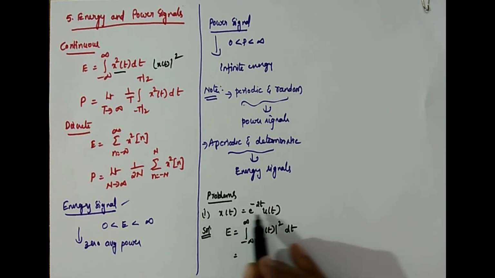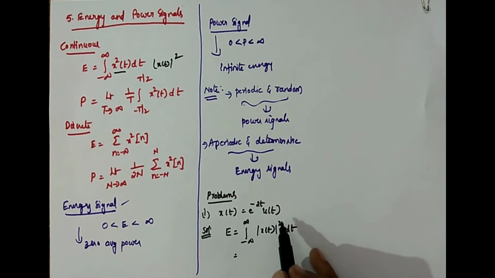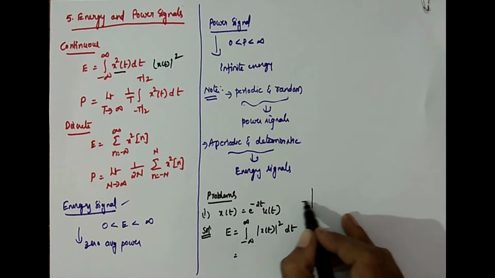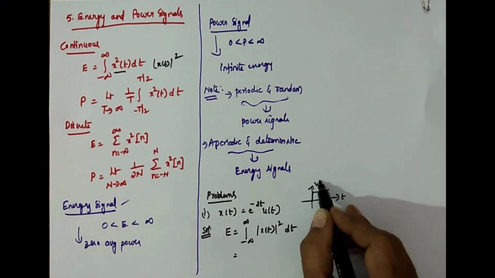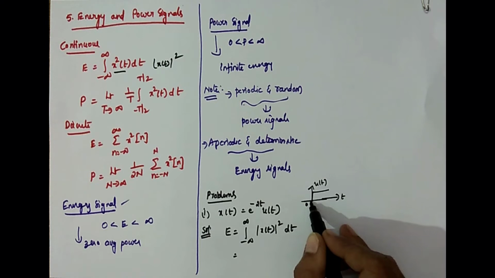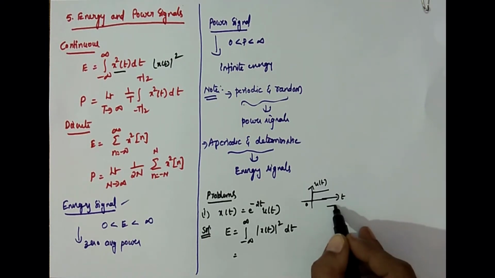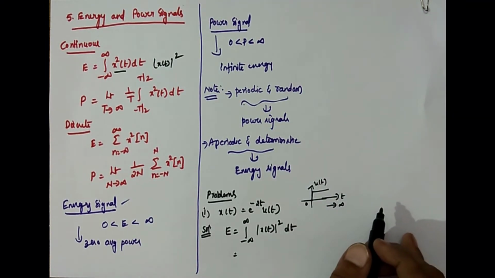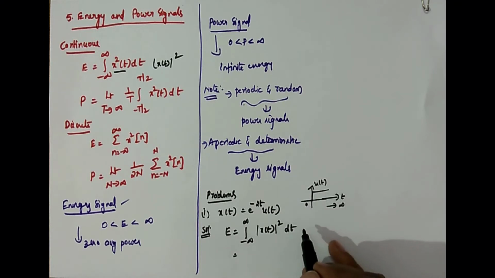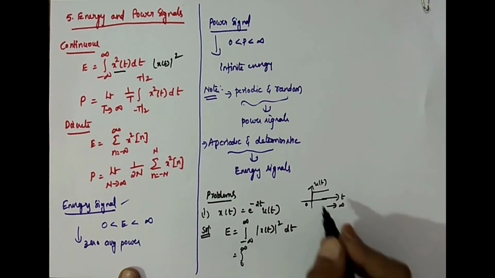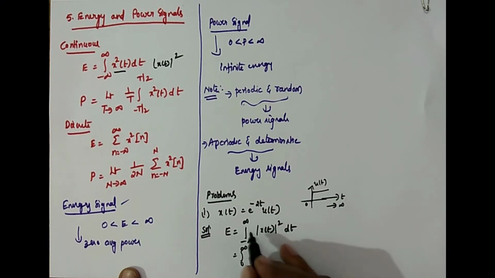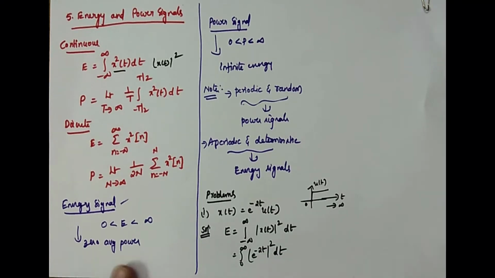But see here, x of t is e power minus 2t u of t, and you know u of t is like this. It exists for t greater than 0, up to infinity, but for t less than 0 it has no value. So accordingly, you have to modify the limits. It is integral 0 to infinity, because for t less than 0 we don't have a signal. So it is simply e power minus 2t whole square dt.